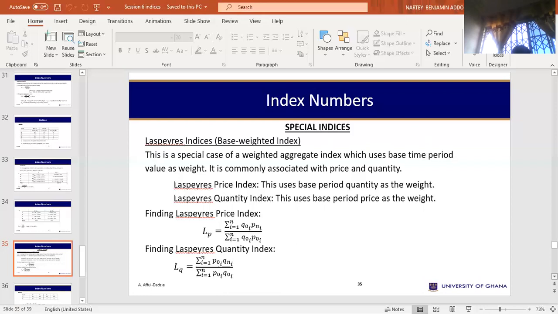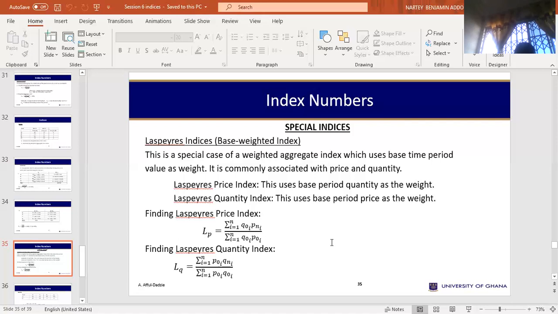Now, what are the advantages of the Laspeyres index? First, it facilitates comparison since the denominator is fixed. You can see that all of them are divided by P0Q0, so it's fixed. If you are comparing two things, they must all be compared based on the same reference point.